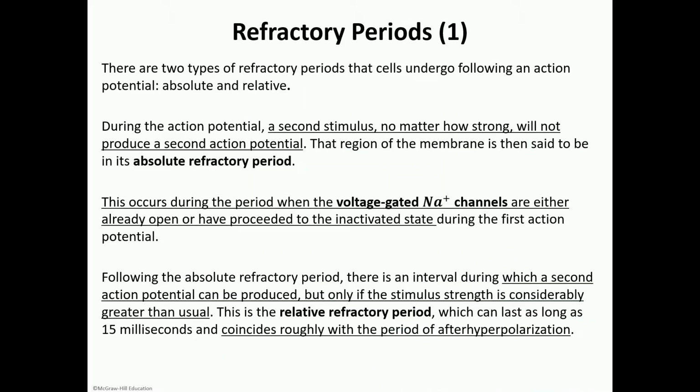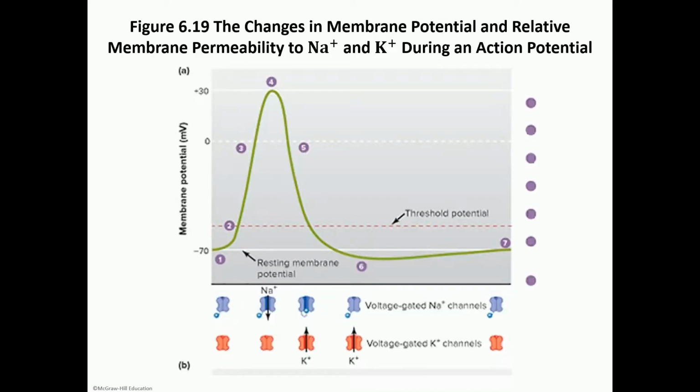But a relative refractory period can happen in this phase right here, where we have now this stage of hyperpolarization, where the voltage-gated sodium channels are now shut down. If a stronger than usual stimulus comes, we can open up these ion channels, leading to a second action potential.